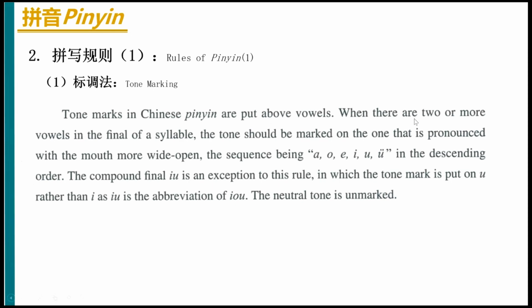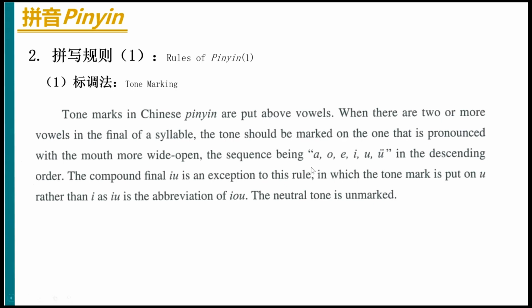When there are 2 or more vowels in the final of a syllable, the tone should be marked on the one that is pronounced with the mouth more wide open. And the sequence is being given here, just in this order. So A is the most mouth wide open one, and the U is the less mouth wide open one.